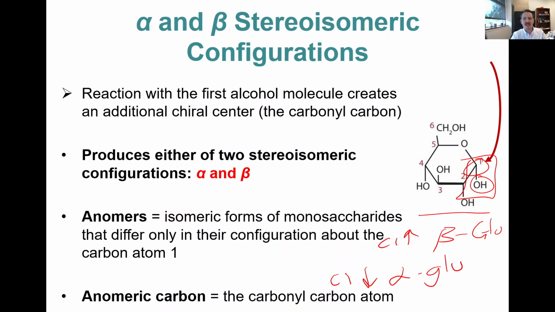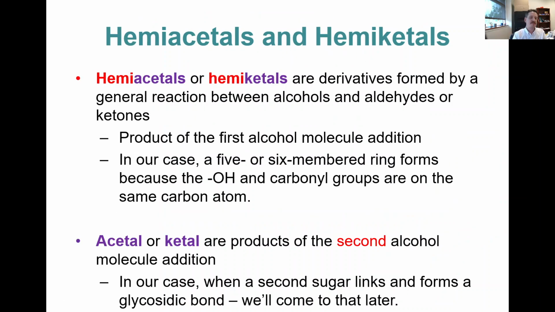Now, like I said, these are hemiacetals. And you can have hemiketals if there was the cyclization of the ketose sugars. And this is where you get the reaction between an alcohol and an aldehyde in general.